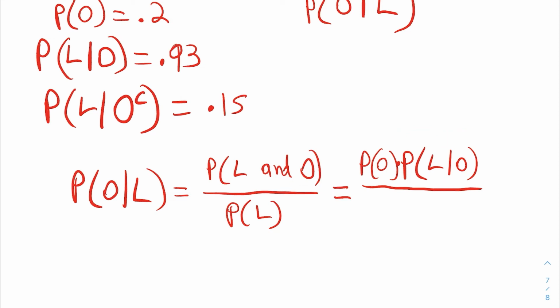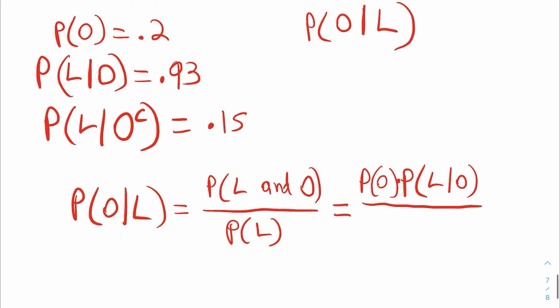And I have those pieces of information: the probability of O is 0.2 and the probability of L given O is 0.93. So I have the numerator. Now do I have the probability of L? Well, no, unfortunately I don't.